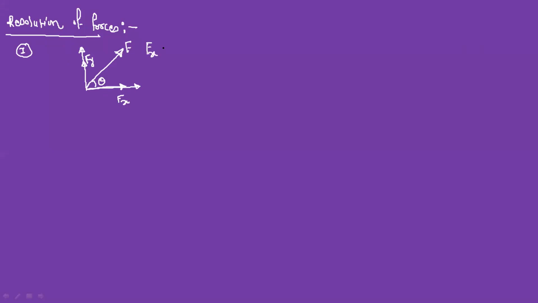So Fx is equal to F cos theta. We will use cos when angle theta is adjacent to the x-axis. That means if theta is given with respect to x-axis, then we will directly write Fx is equal to F cos theta, and Fy is equal to F sin theta. Sin means it is the opposite component.